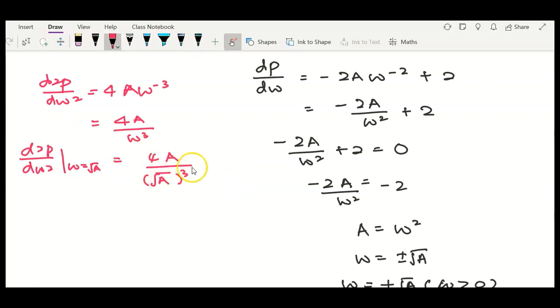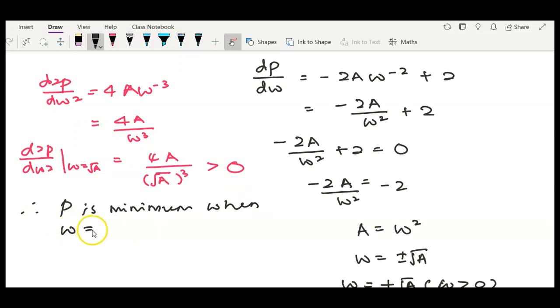Very obviously this will produce a value which is greater than 0. So when d2P/dW2 is greater than 0, or positive, then your conclusion is P is minimum when W equals positive square root of A.